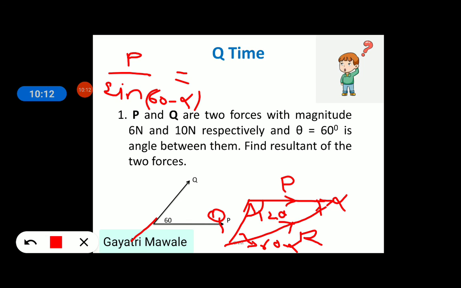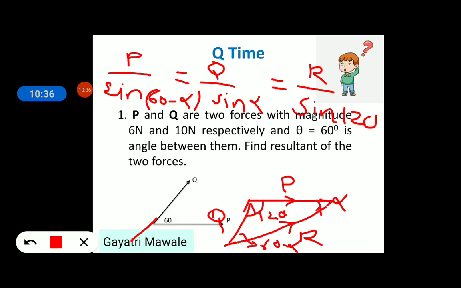This ratio is constant and is equal to Q force divided by sine of its opposite angle, which is alpha. This ratio is constant and is equal to third force R divided by sine of its opposite angle, which is 120. Sine 120.